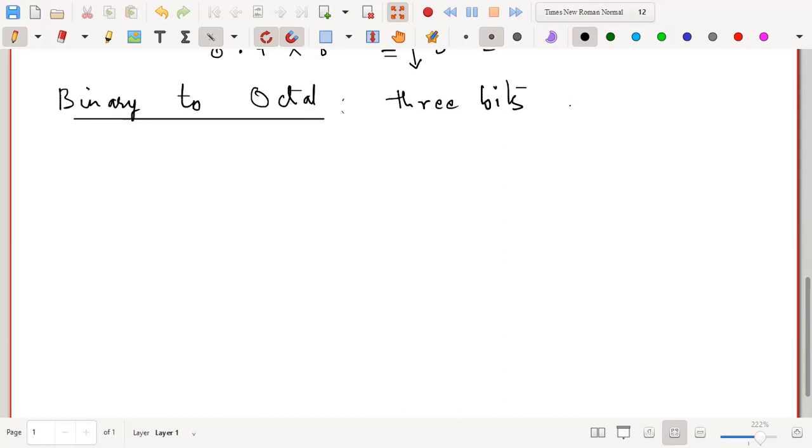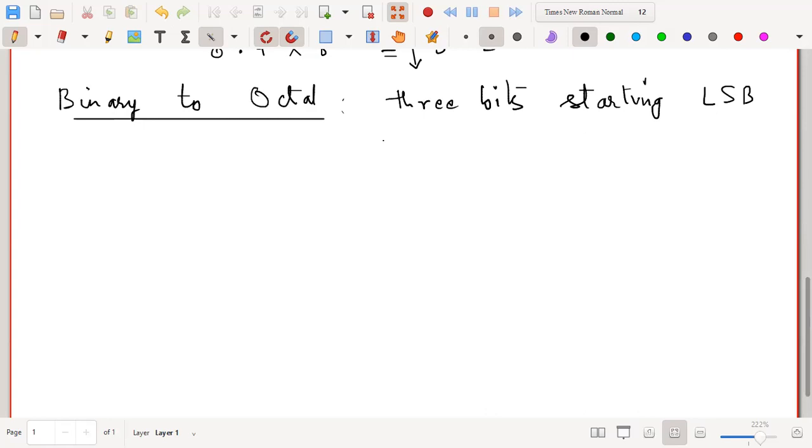So you will have to make this 3-bit group starting from the LSB, the least significant bit. Then add necessary zeros if needed. Zeros may be required to complete the group.